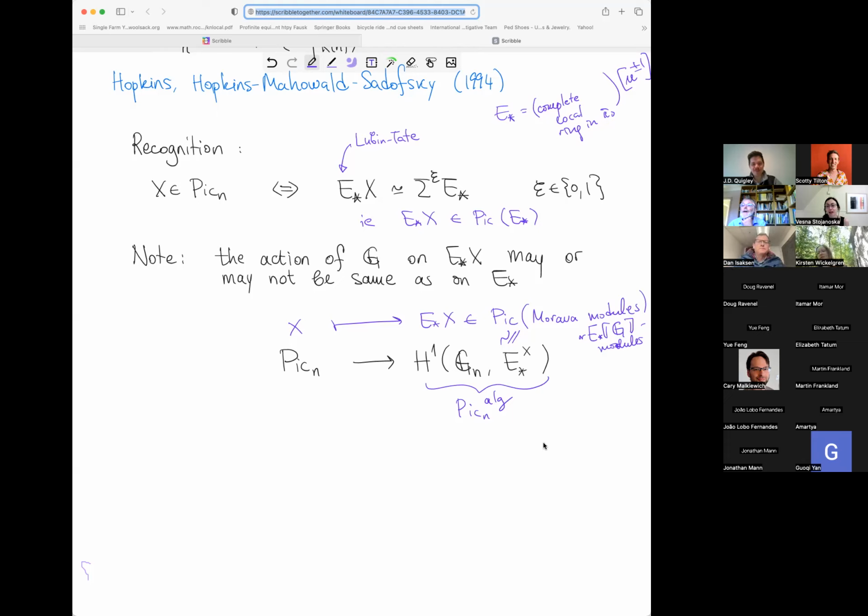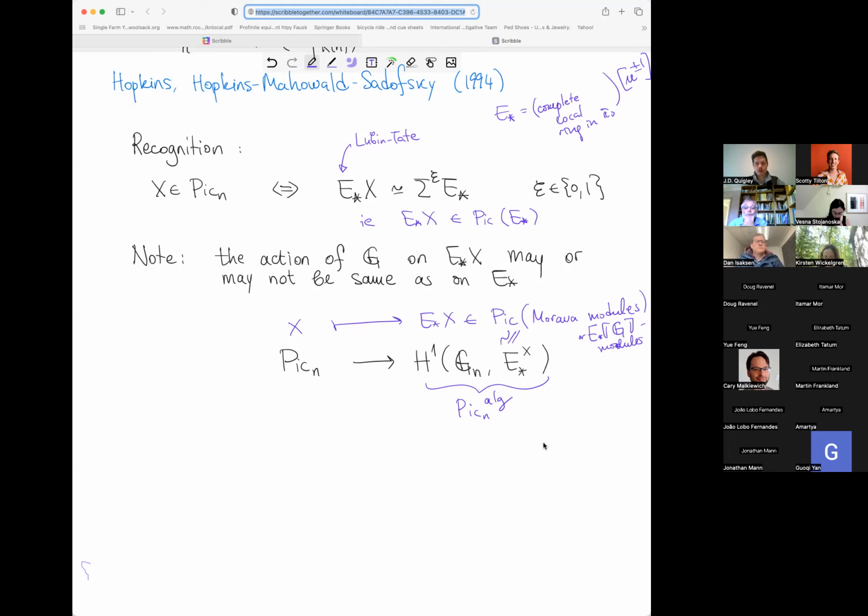It's just really hard to understand. This is also a group of equivariant line bundles on Lubin-Tate space, and that's also a super hard thing. But it's algebraic.